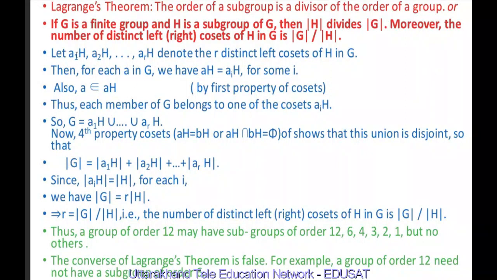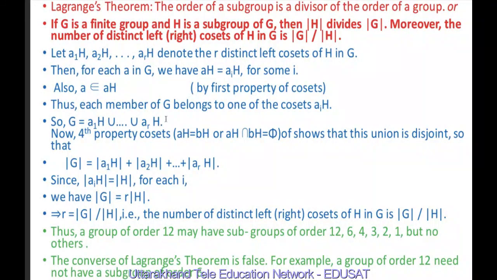Let a1H, a2H, ..., arH denote the r distinct left cosets of H in G. Then for each a in G, we have aH equal to aiH for some i. Also, by the first property of cosets, we know that a belongs to aH.